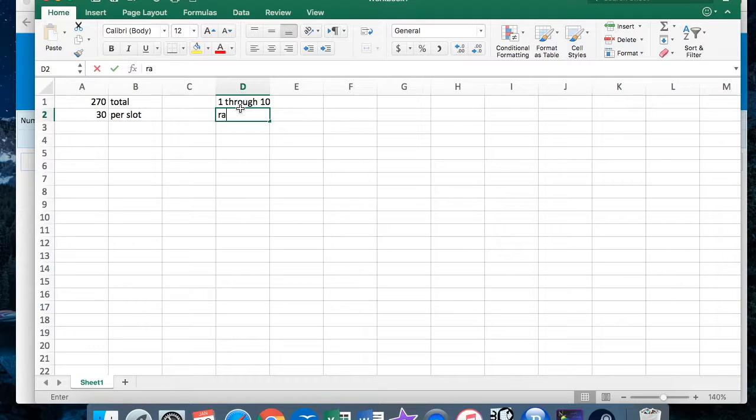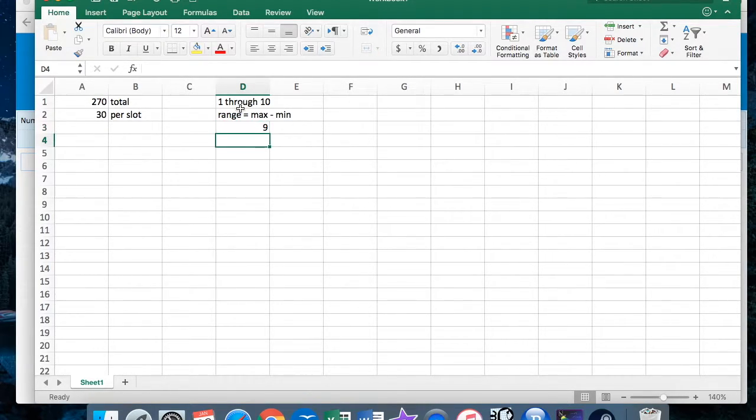Well, remember, the range is your max minus your min, right? So 10 minus 1, then the range would be 9. So that's how many total numbers I can expect. But that's not how many numbers I actually have.